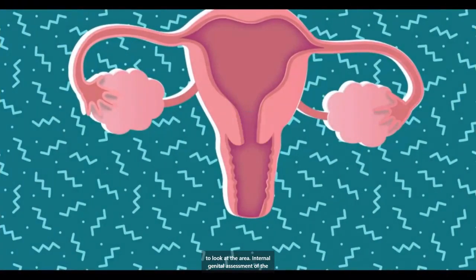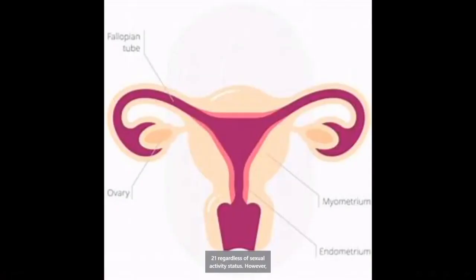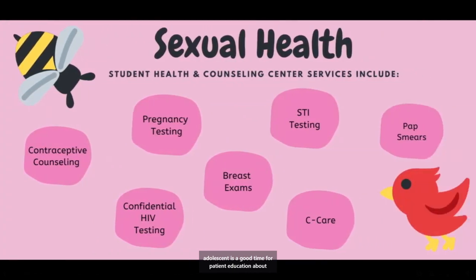Internal genital assessment of the adolescent is not required unless genital tract difficulties arise. Pap smear is to be started at age 21, regardless of sexual activity status. However, adolescence is a good time for patient education about sexuality and relationships.